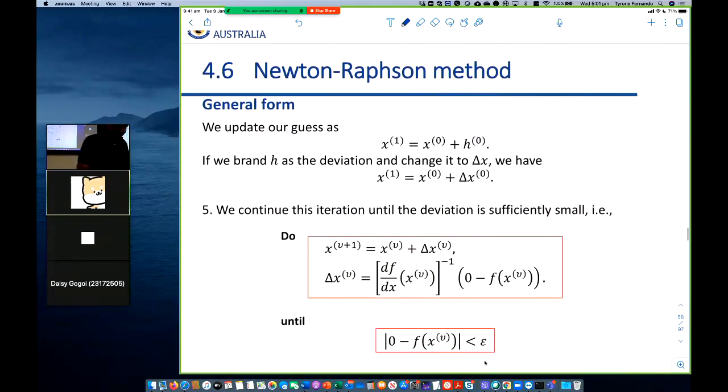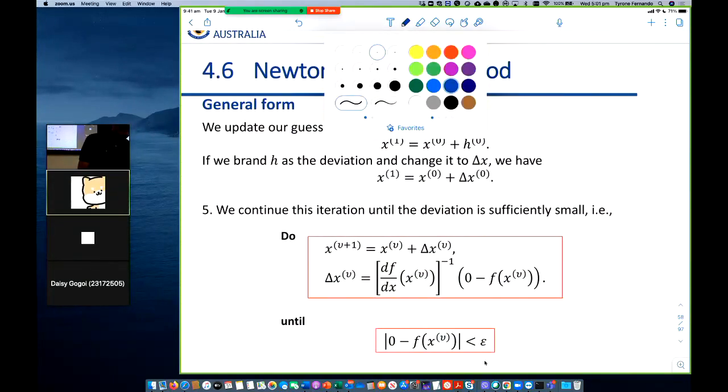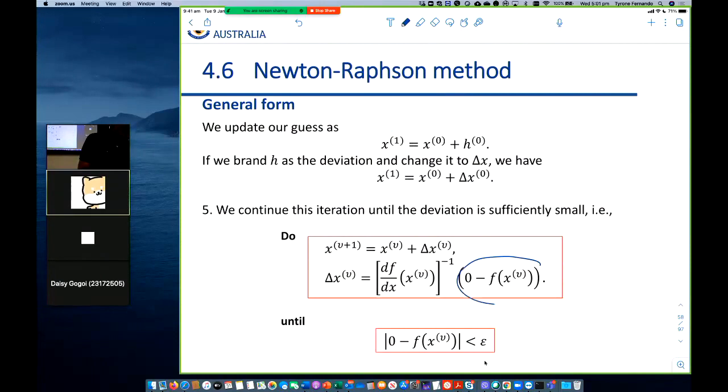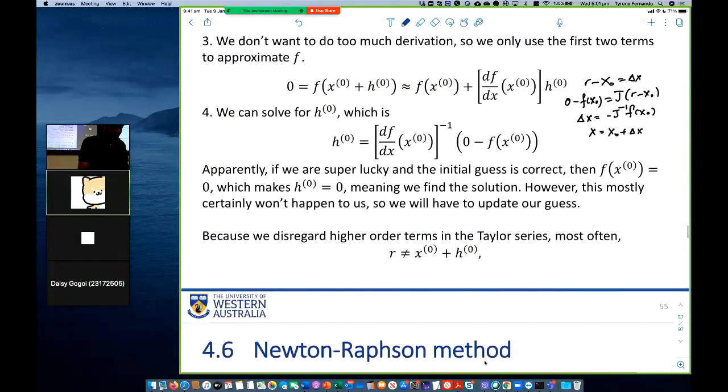So this term here is minus epsilon, because f(x0) is epsilon. 0 minus epsilon is minus epsilon, multiplied by the inverse of the Jacobian evaluated at x0 is delta x.